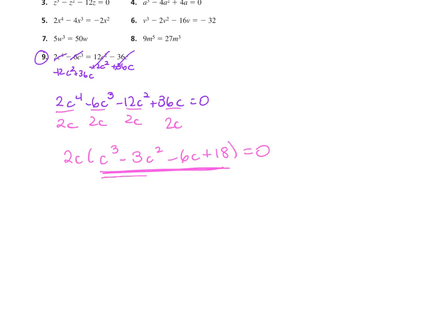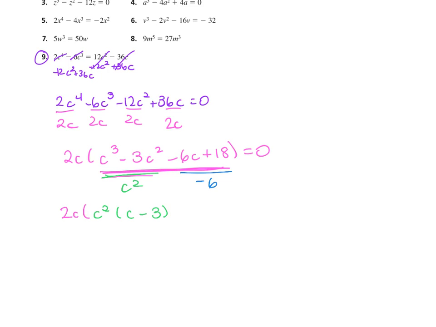And so looking at the front half, what can we divide out? We can divide out a c squared. The back half, we can divide out a negative 6. So now we have this 2c in front. Then we can write this c squared, and then we're left with c minus 3.